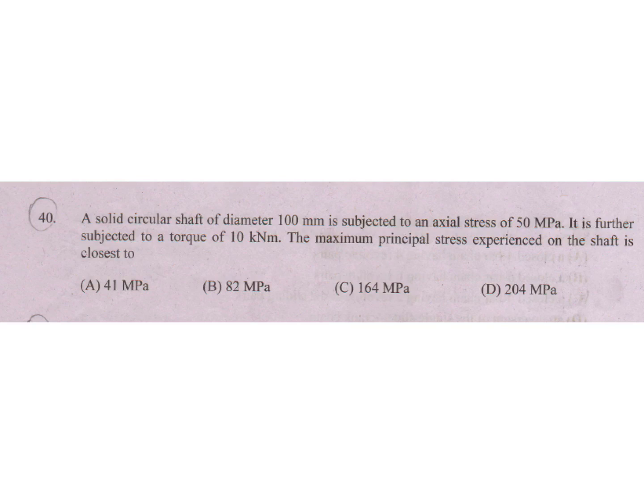So data given D is 100 mm, axial stress sigma x 50 MPa or Newton per mm square, torque 10 into 10 to the power 3. This is in kilonewton meter, so you multiply 10 to the power 3 Newton meter. Maximum principal stress sigma 1 we have to calculate.